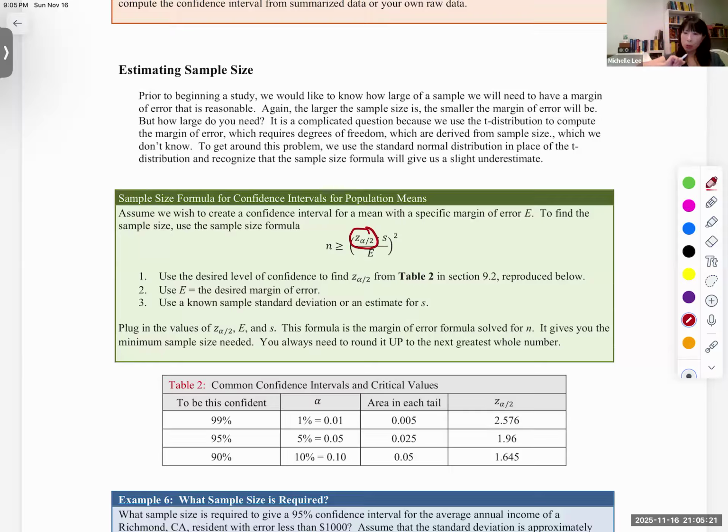This happens when N is greater than or equal to 30, or the parent population is normal distribution. That's why we are using Z score here. Make sense? Okay, let me write down for you.